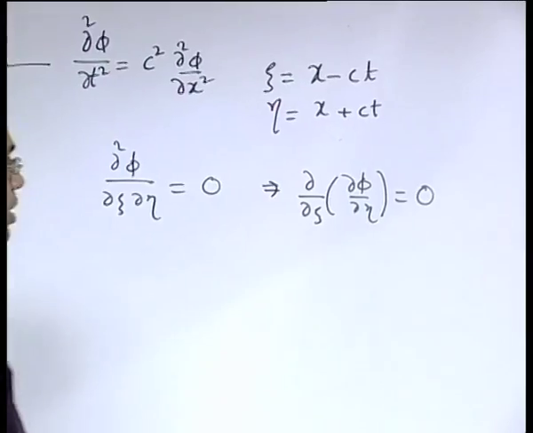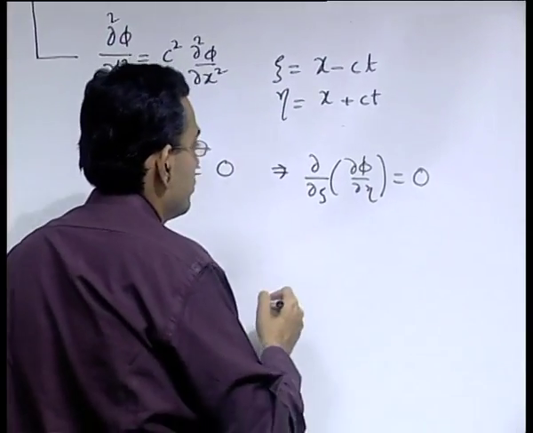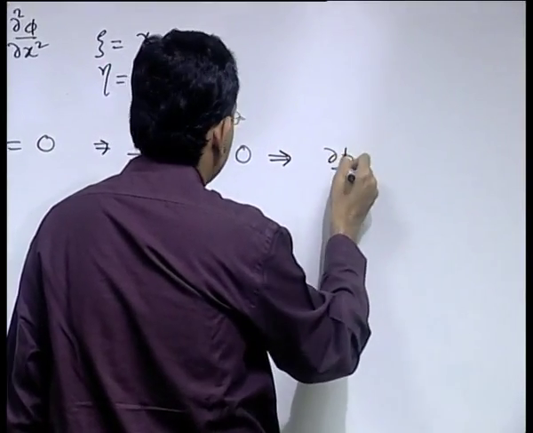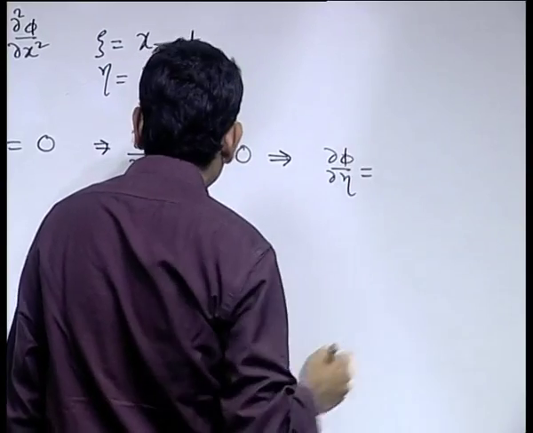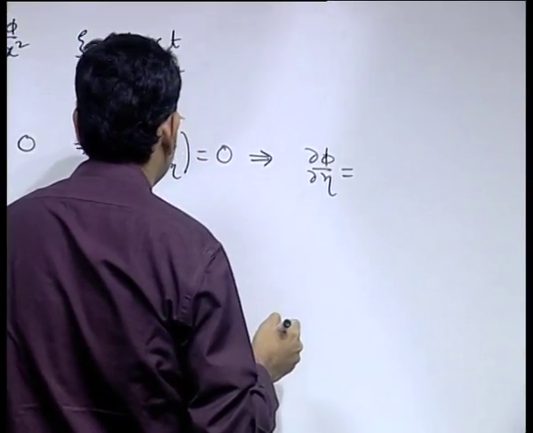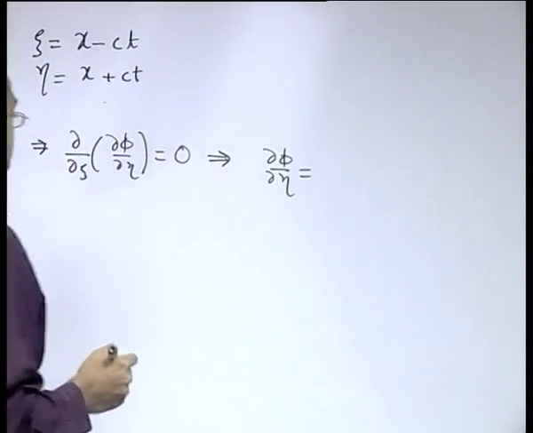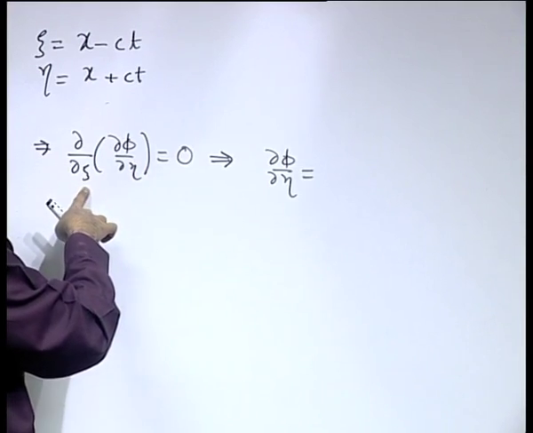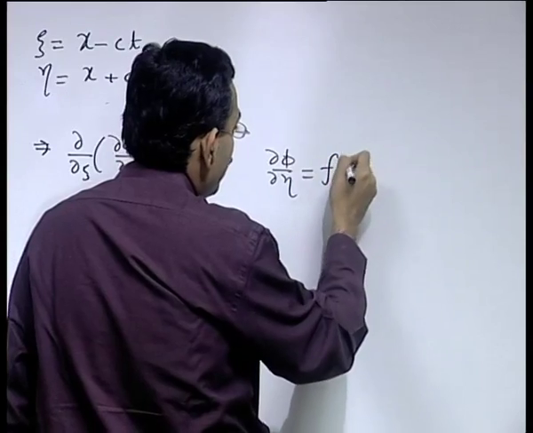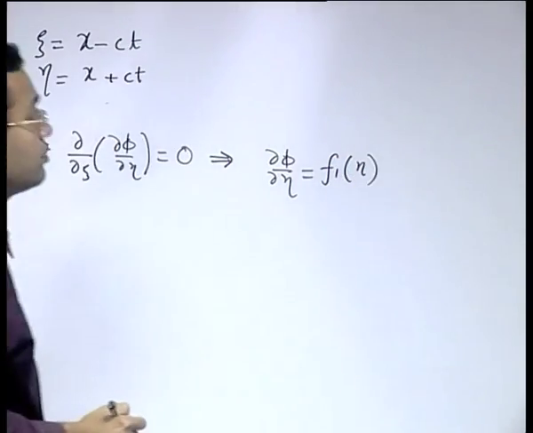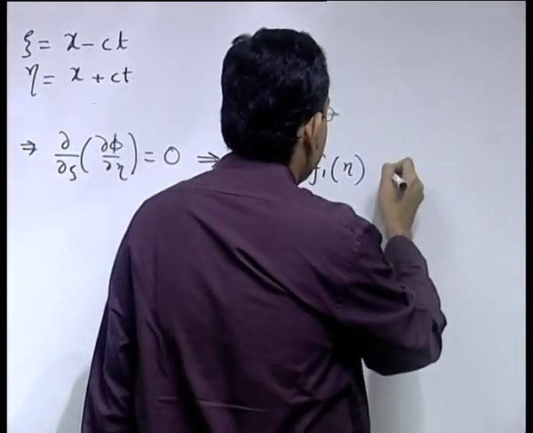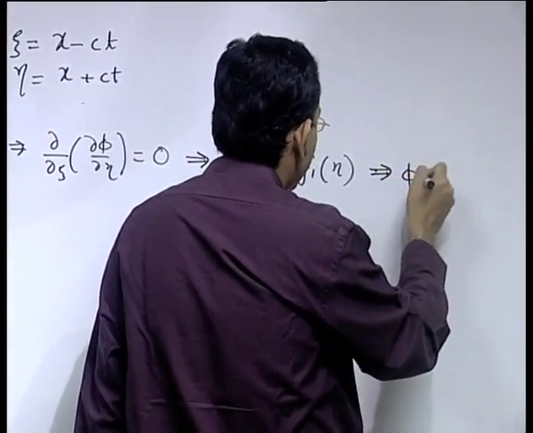So from here what we can conclude? It is not constant, its partial derivative with respect to zeta is equal to 0, that means it is some function of eta. So, if you integrate this once, then what is phi?